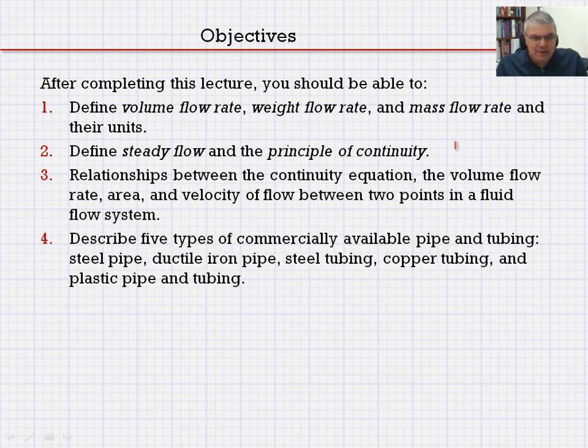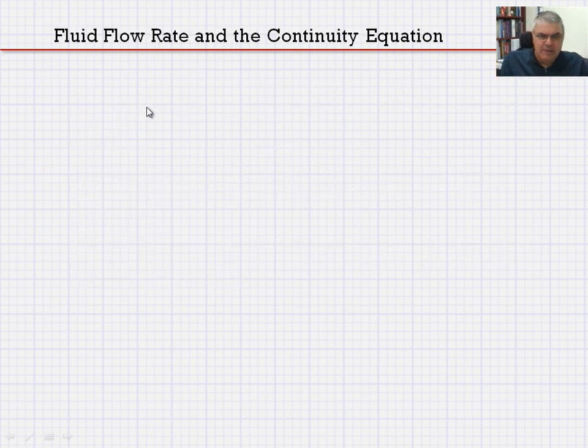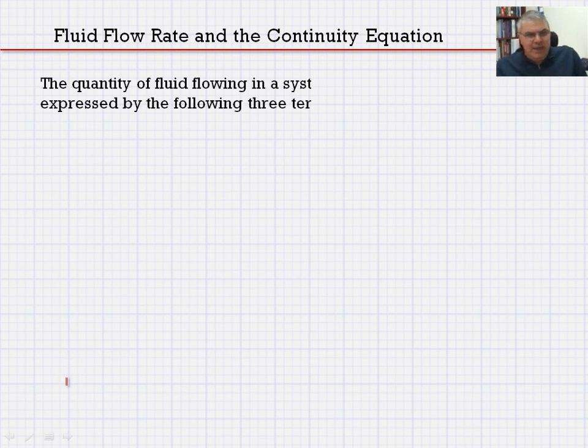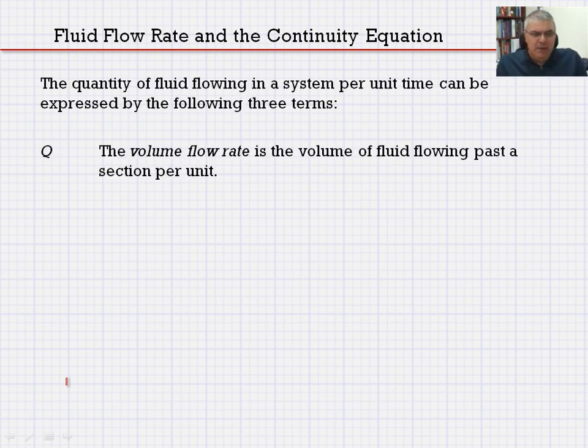Then later on, in subsequent lectures, we would describe and discuss different types of pipes, tubings, and all the associated topics that come with that. So let me start by discussing the fluid flow rate and the continuity equation.